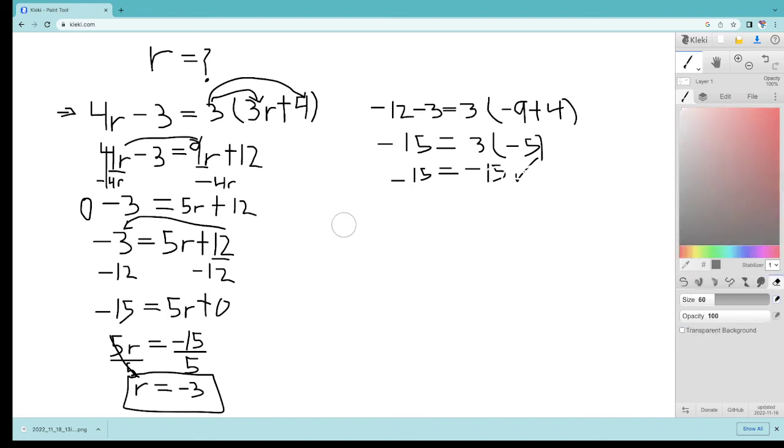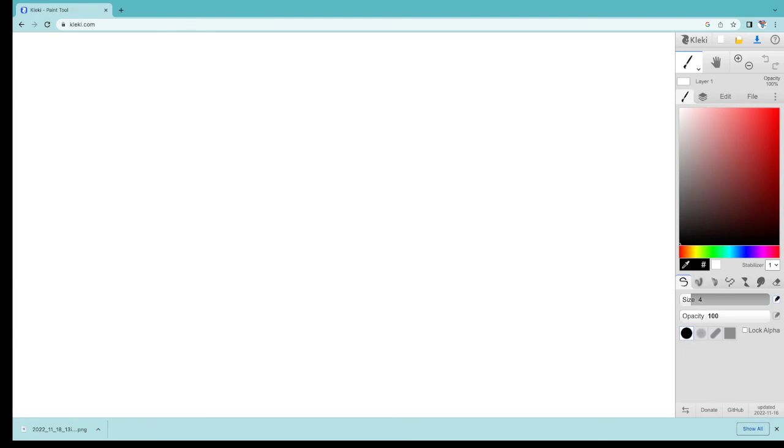I'm going to set the stabilizer to 5. Or actually, better yet, I'm just going to refresh the page and reload so we can start afresh. All right, that's cool. And don't worry, I still have the PNG file saved here in case you want to refer to it later.